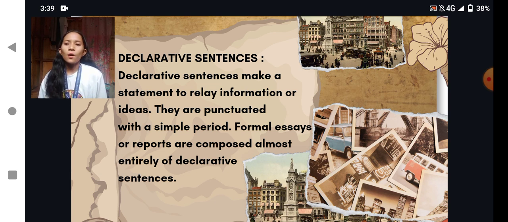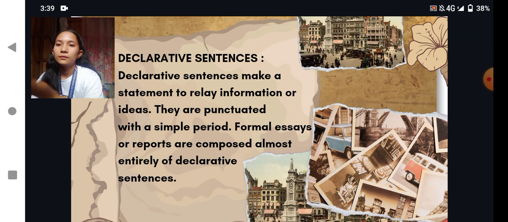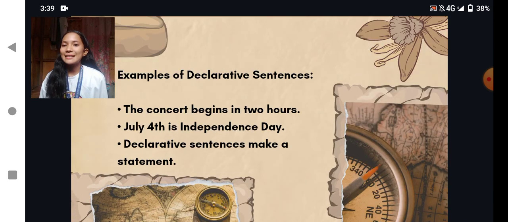Declarative sentences also are commonly used in formal essays, reports, or any situation where you need to express information clearly and directly. For example, the concert begins in 2 hours.